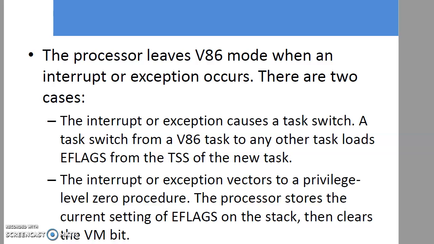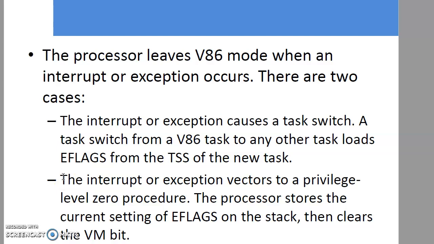A task switch from the virtual 86 task to any other task loads E flag from the TSS of the new task with VM bit as 0. So you can leave the virtual 86 mode when there is an interrupt or exception causing a task switch, and the new task which is loaded has a VM bit value of 0 in the E flag register.